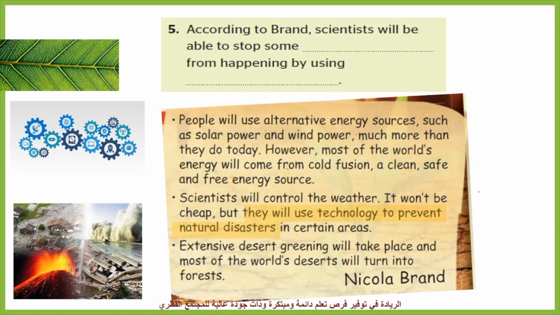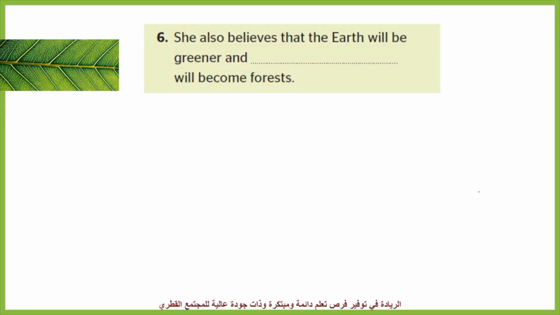Natural disasters means things like earthquakes, flooding, and so on. So the answer here will be, scientists will be able to stop some natural disasters from happening by using what? Using technology.